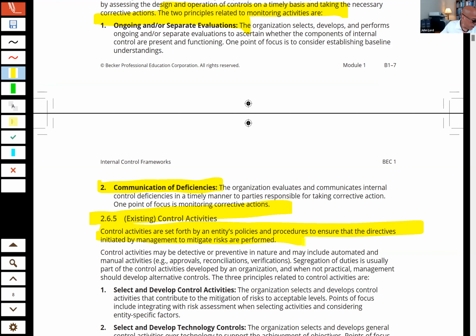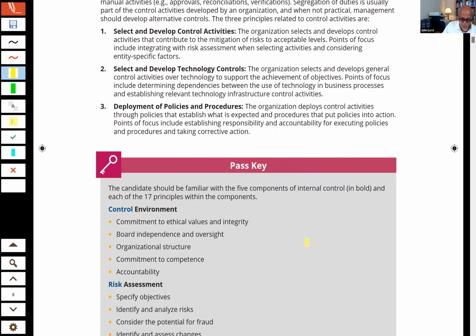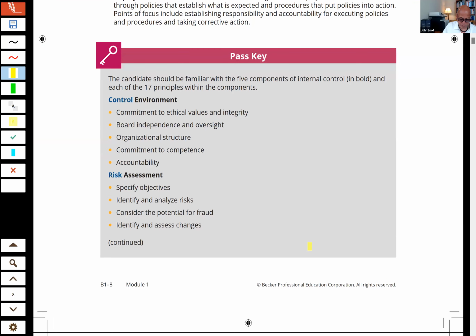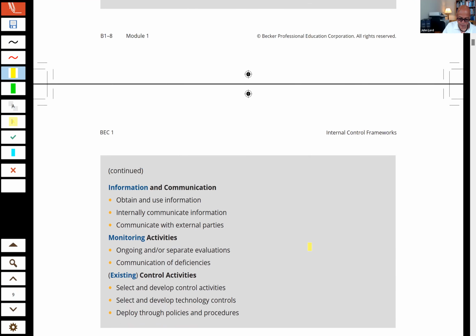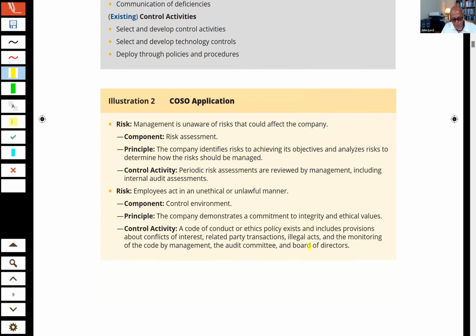Okay. Now, when you look here, they repeated what I gave you in a different sort of way, different words. So you could look at this pass key as well, but 5 components, 17 principles. And then remember, they're putting the existing control activities last because they want to spell CRIME.